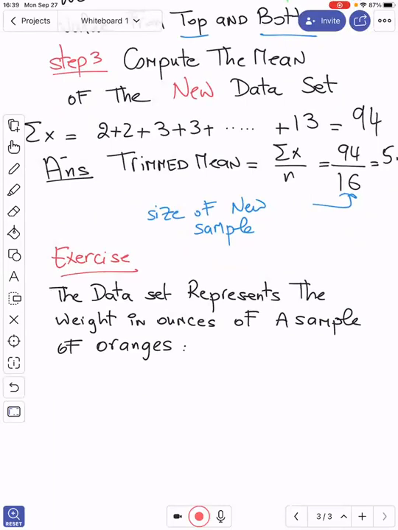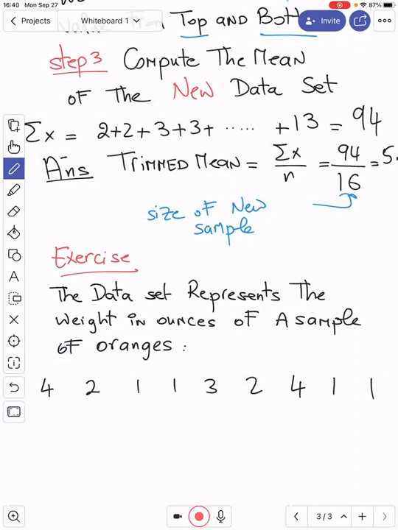The weight of the first orange is, so we have the following data set. We have 4 ounces, then 2, 1, 1, 3, again 2. We have 4, 1, 1. So 1, 2, 3, 4, 5, 6, 7, 8, 9.